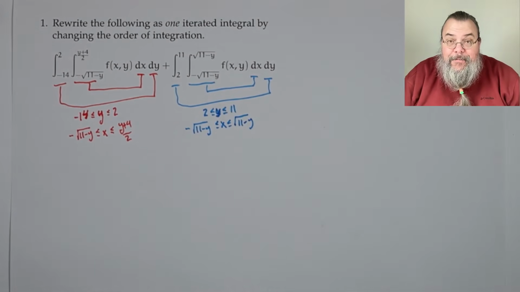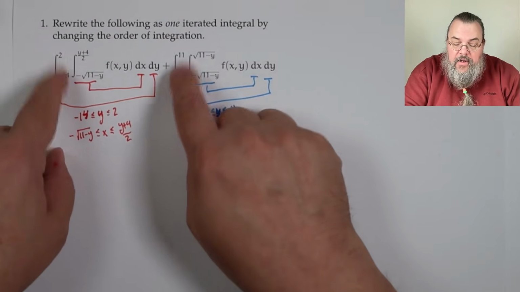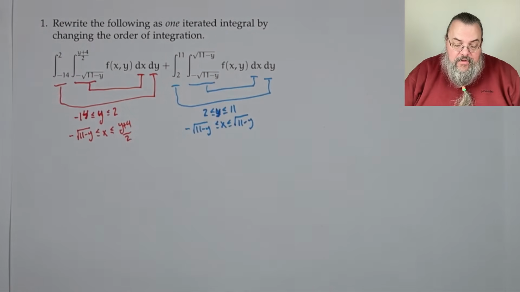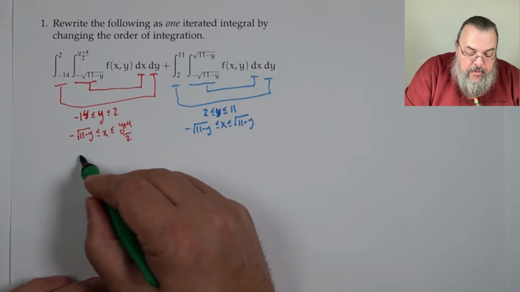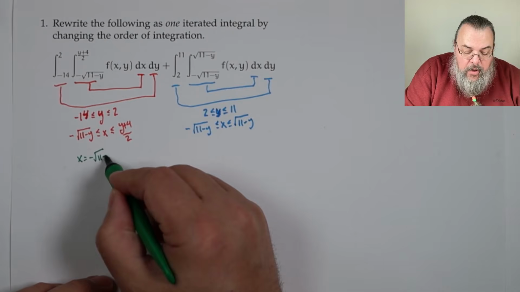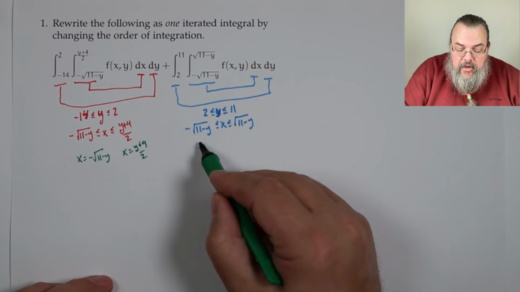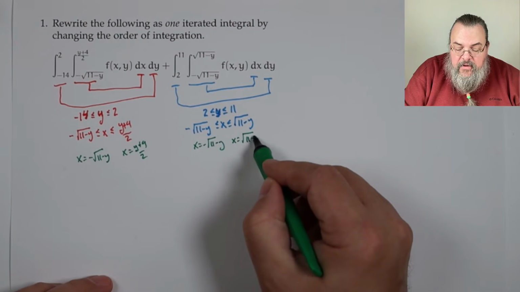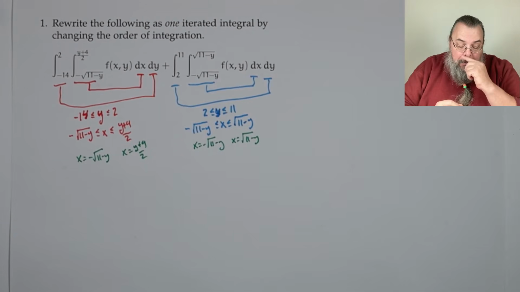All right, now, I recommend starting with the curves. We know the outer layer goes number to number, the inner curve to curve. So let's talk about these curves. We have x equals minus square root 11 minus y, and x equals y plus 4 over 2. And here, x equals minus square root 11 minus y, x equals positive square root 11 minus y. Because we're switching x to y, we want to rewrite these.